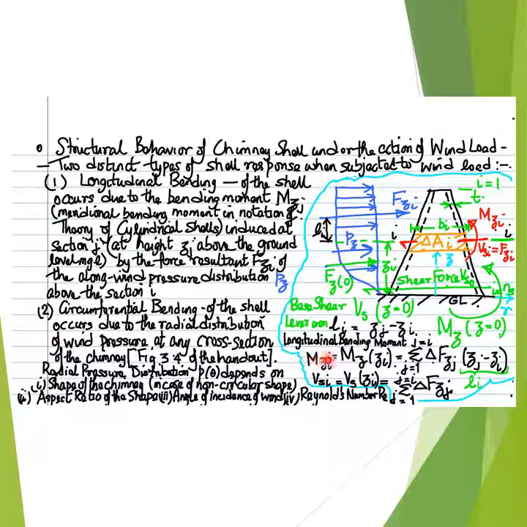In other words, the longitudinal or meridional bending moment MZI at any horizontal cross section I of the industrial chimney may be computed by integrating the force resultants times the lever arm of the force resultant of the along wind pressure distribution above the section I of interest at which the longitudinal or meridional bending moment is to be calculated.